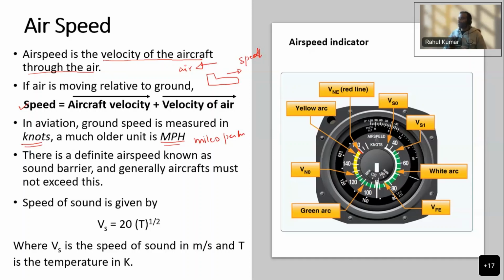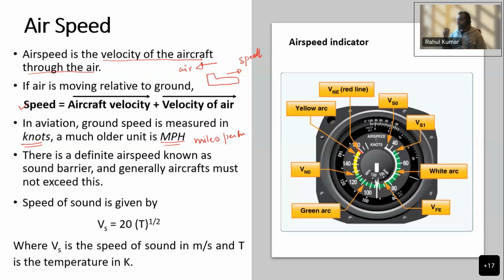We don't try to exceed the speed of sound in normal flight, because the faster you fly, the more structural damage it will cause.